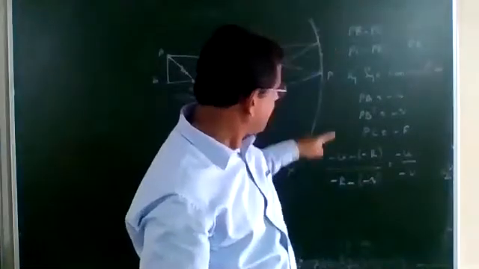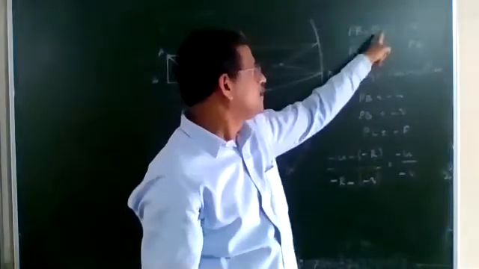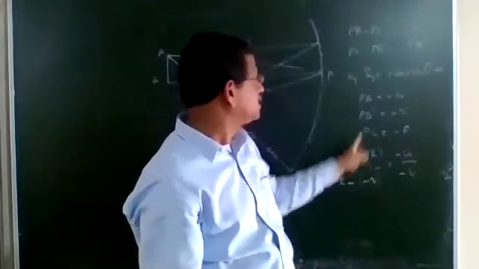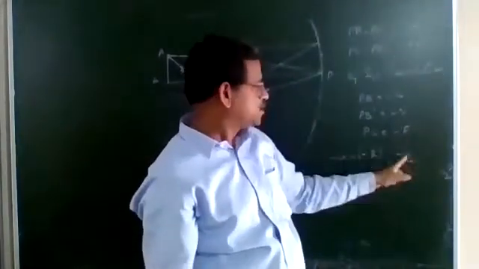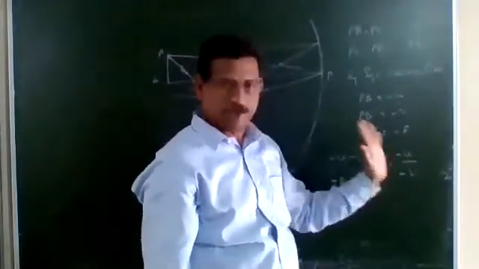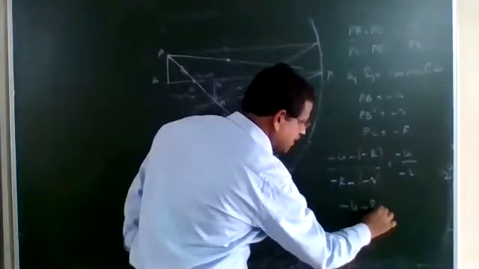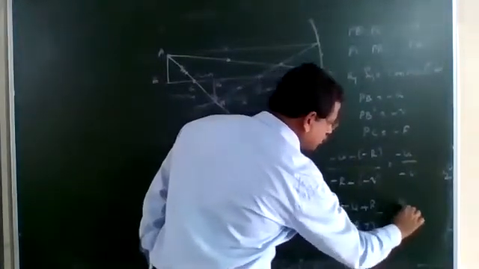PB is minus u, and PB' is minus v. PC is minus R. So we get minus u plus R divided by minus R plus v, equal to u divided by v.